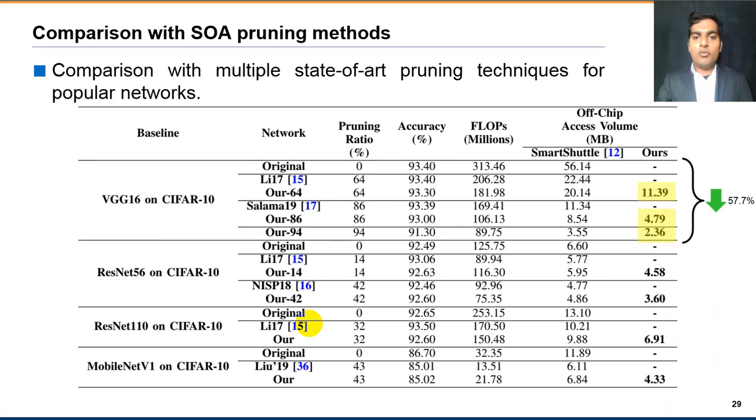For VGG16, we achieved up to 57.7% reduction in the off-chip memory access volume as compared to the state of the art. Similarly, for ResNet 56, ResNet 110, and MobileNet V1, we achieve 25.8, 47.7, and 29% reduction in the off-chip access volume as compared to the state of the art, respectively.